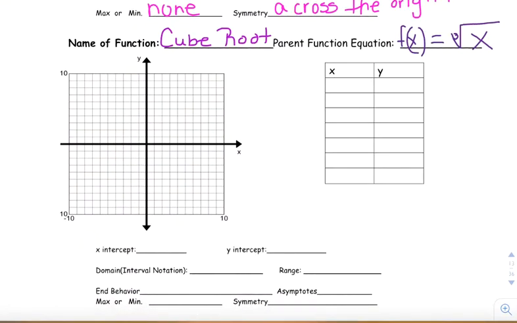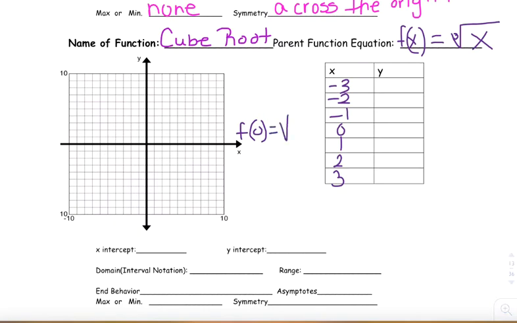All right, we're still going to start with the same table. So again, this is another one where you might hold off before you start copying this. I'll try the same thing and see if it forces me to do otherwise. Here's how the cube root function works. Let's think of 0. So f of 0.